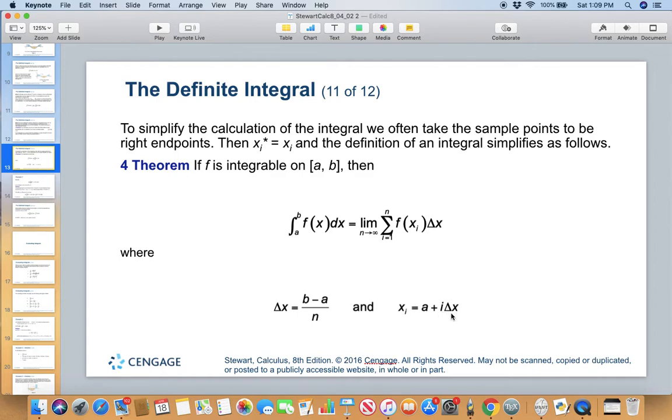That's what i delta x means. 1 delta x is one rectangle's worth of width. 2 delta x means after two rectangles, the right hand point. 3 delta x means after three rectangles, the right hand point. So xi means the ith rectangle's right hand point. So we are choosing right hand points. If you are integrable, then you may as well choose the right hand points, which is what we did in many of the examples we saw earlier.